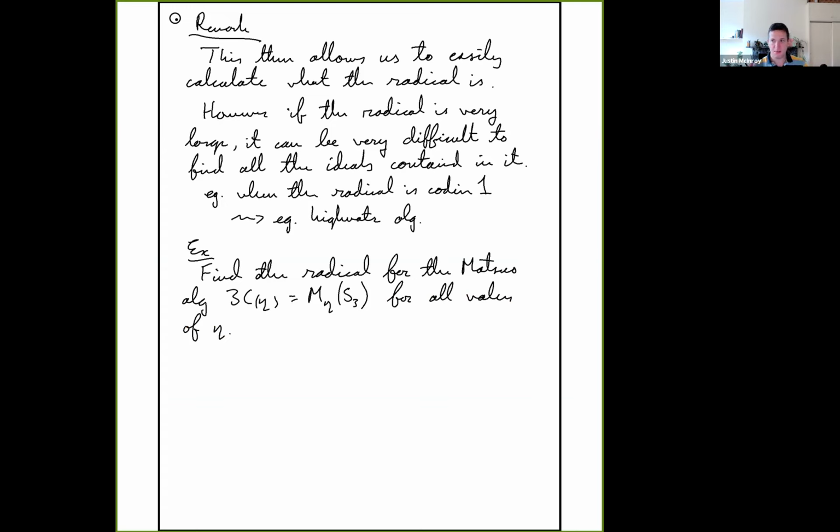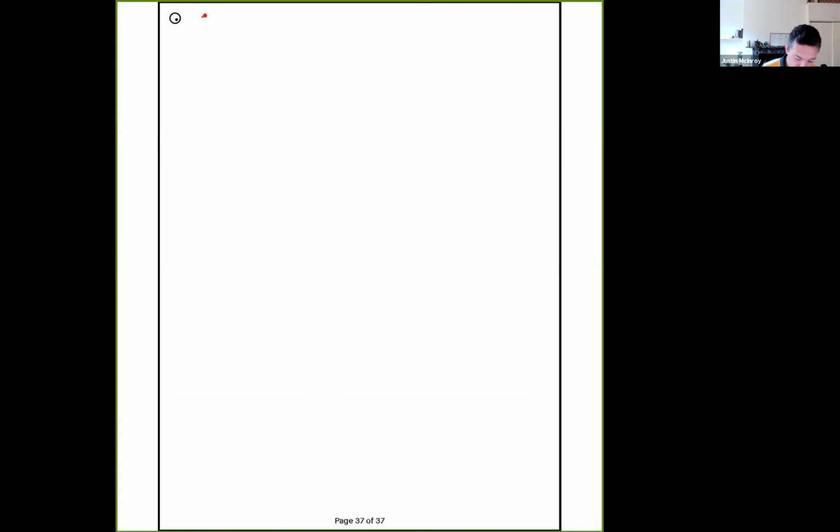Okay, that concludes what I wanted to say about ideals which are contained in the radical, those which don't have any axes. Let me quickly say something about ideals which do contain axes. I just want to recall a technique we used before.